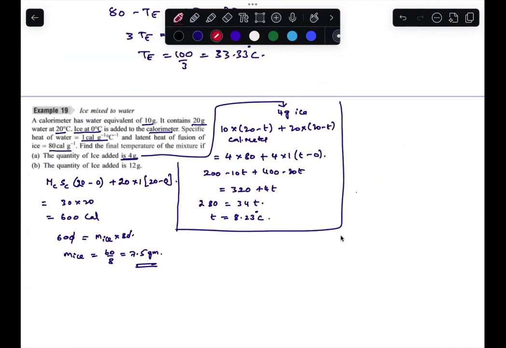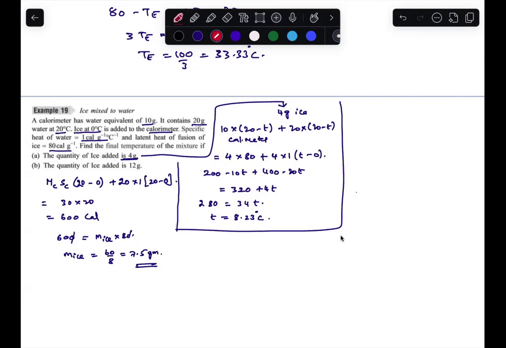What if the quantity is 12? Undoubtedly, the total ice does not melt. One minute. Certain mass of ice is left. Only 7.5 grams of ice will melt.